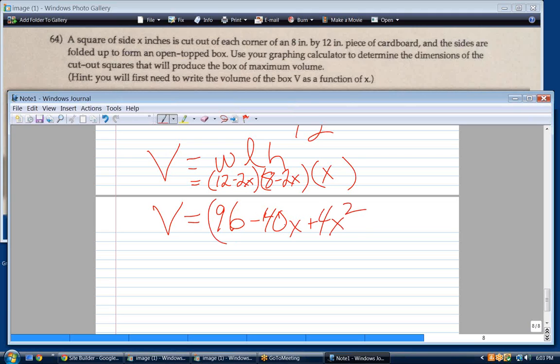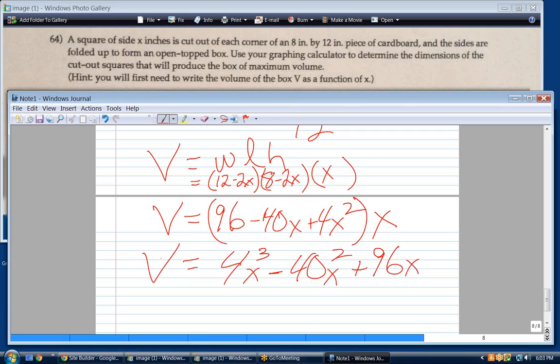That's those two things multiplied together. And then I'm going to multiply the whole thing by x. So if I list it in order of size, I've got 4x cubed minus 40x squared plus 96x. That's the volume of my box.